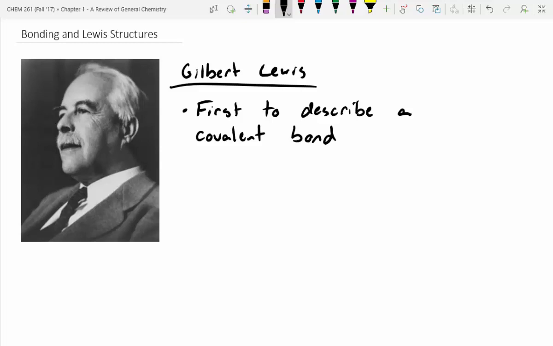What's an ionic bond? That's the opposite. It's not when you share, it's when you take away or transfer an electron, right? So he was the first to describe these bonds where two electrons, which I abbreviate as e minus, are shared between atoms.